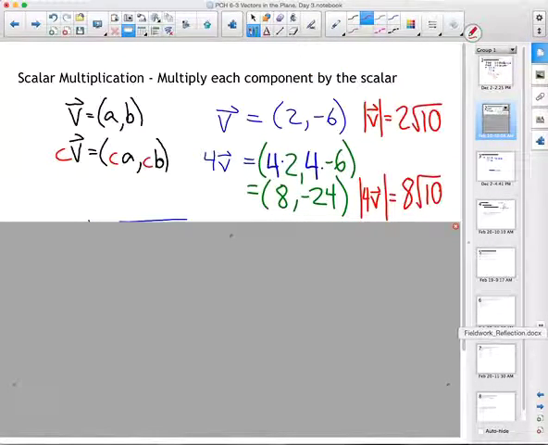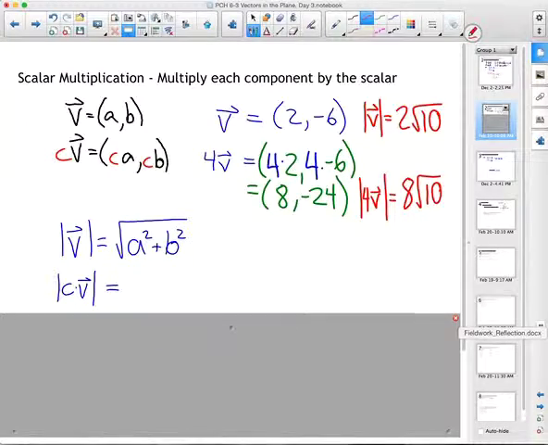Alright, now, what do you see? The magnitude of 4v ends up being 4 times the magnitude of v. So what do you think here? It's just the magnitude of v times the constant.